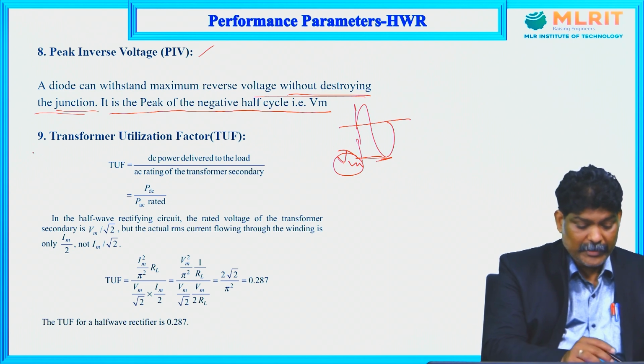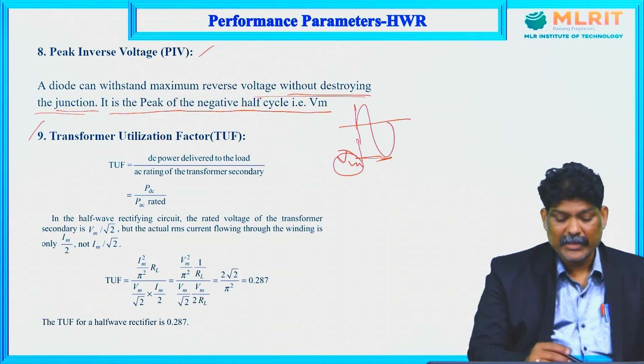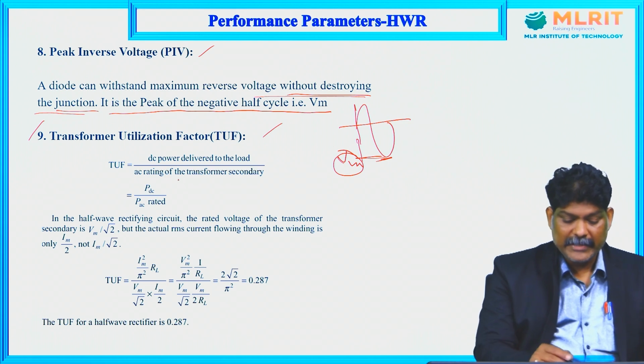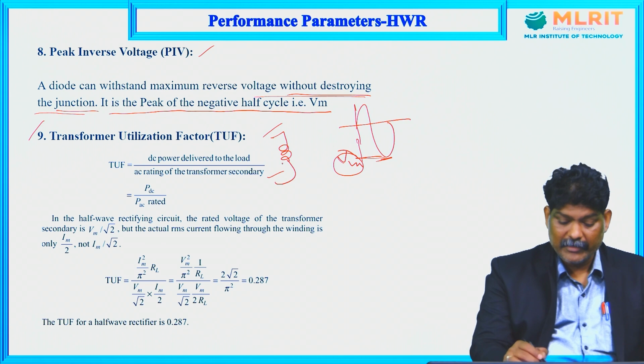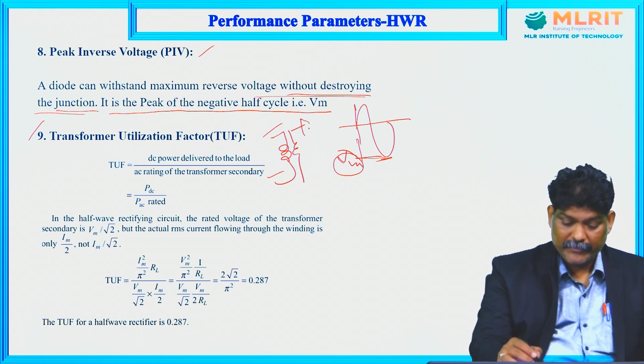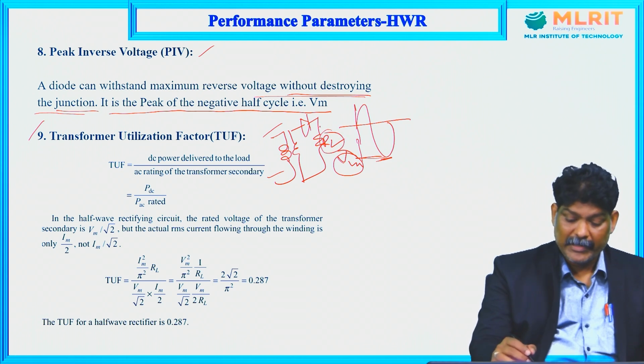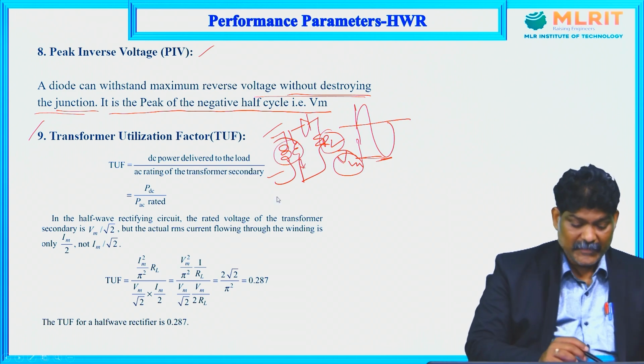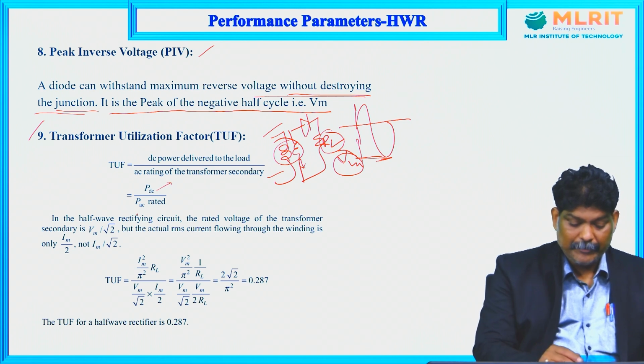The next parameter is the transformer utilization factor, and it is given by the DC power delivered to the load divided by the AC rating of the transformer secondary. After this is the load RL. So the power delivered to the load, PDC, and the AC rating of the transformer secondary, PAC rated.